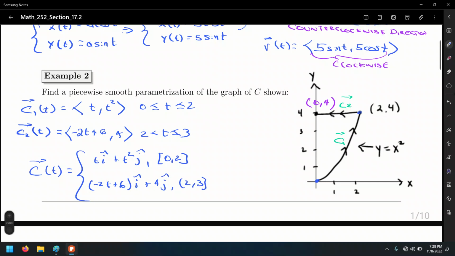Notice, in this case, I have parentheses here for 2 and brackets for the 2 in the previous function. Actually, check this out. It doesn't matter where you put the parentheses, as long as both are not brackets. You can make it a parenthesis here and a bracket over here, and it doesn't matter, as long as they just connect, and as long as you don't have both points the same or overlapping points.